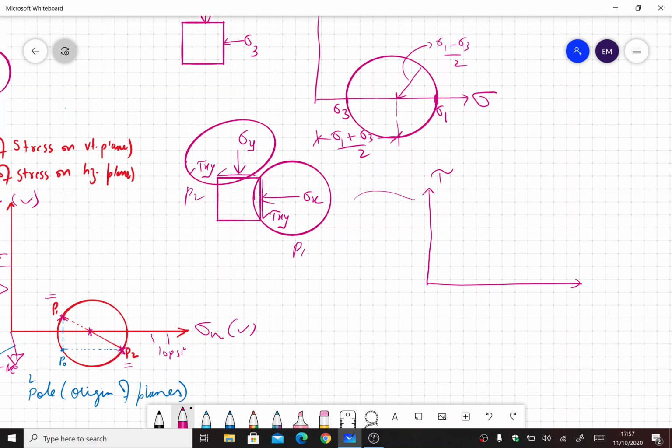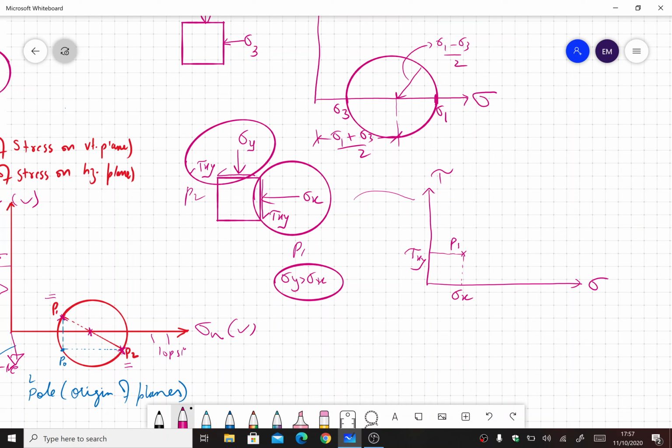So once again, sigma and tau. P1 is positive, and that is sigma x. Let's say it is lesser and sigma y is more. Just remember that sigma y is greater than sigma x in my example here. So this means that the coordinates of p1 are sigma x and tau xy.